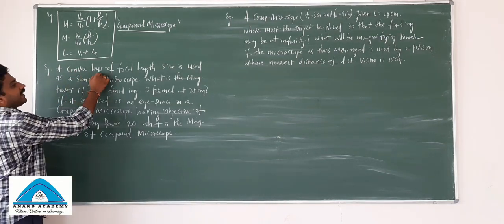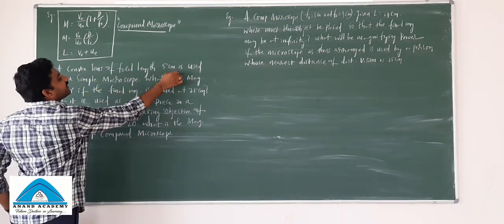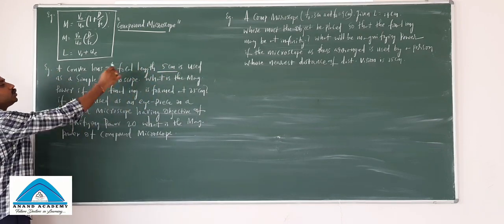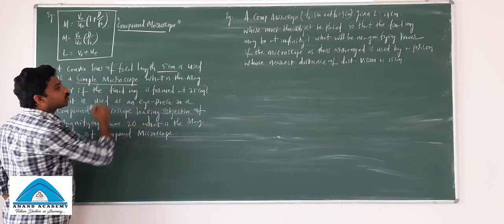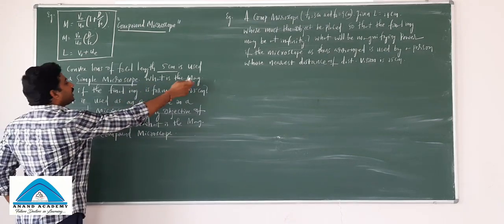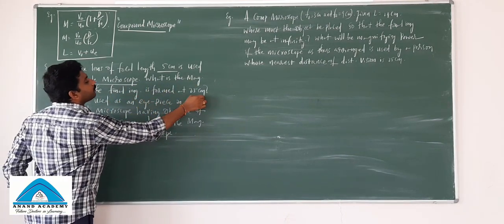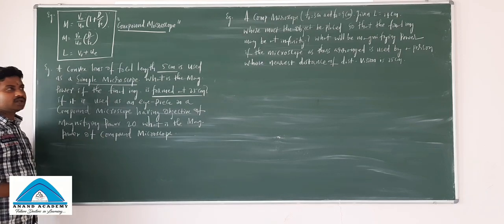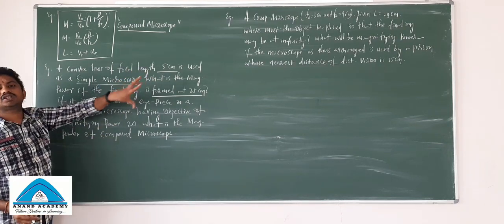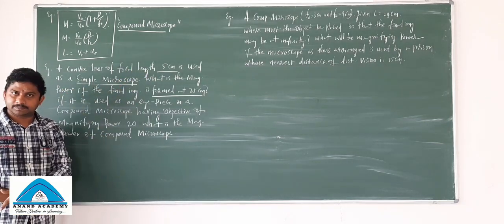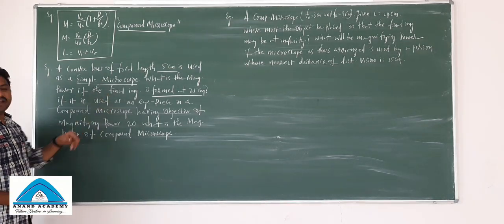A convex lens of focal length 5 centimeters is used as a simple microscope. What is the magnifying power if the final image is formed at 25 centimeters? So the first part of the question is about simple microscope. What is the magnifying power?